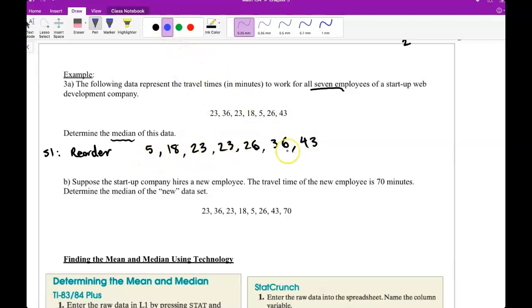Then let's see how many numbers we have here: 1, 2, 3, 4, 5, 6, 7. So we have 7 in total, and our median should be in between. So this is what we have in between, and that is the median.